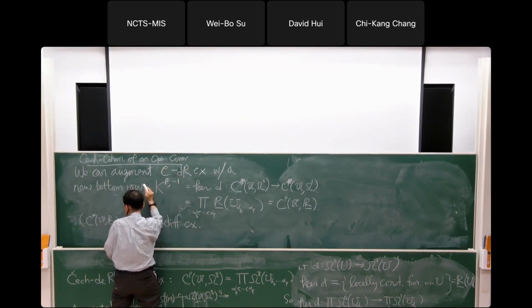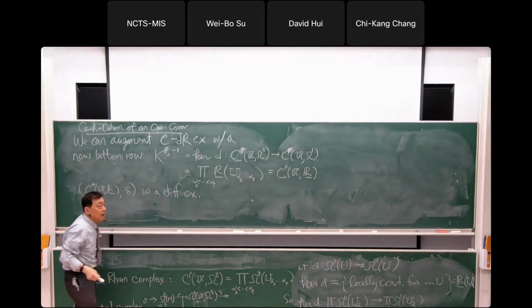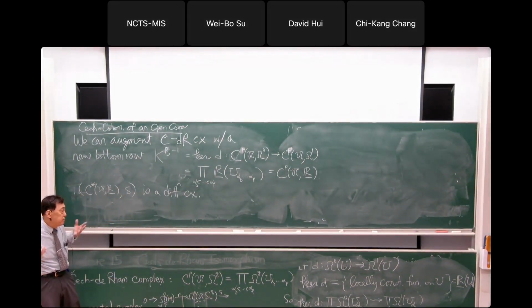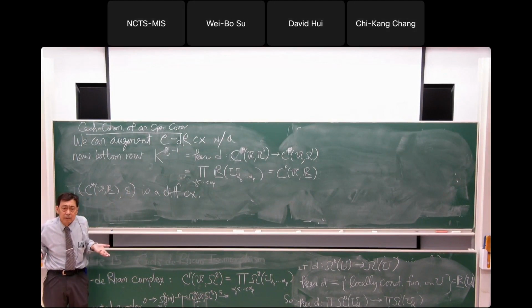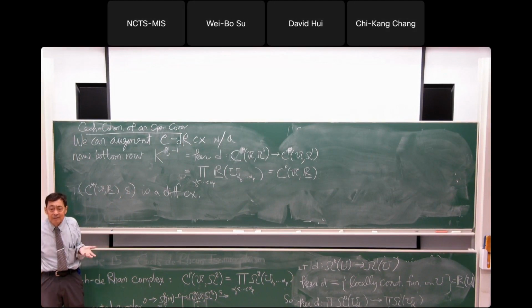Now, you notice that you're just looking at locally constant functions. So you don't need a manifold. It makes sense on a topological space. This means you can define Cech cohomology for a topological space.